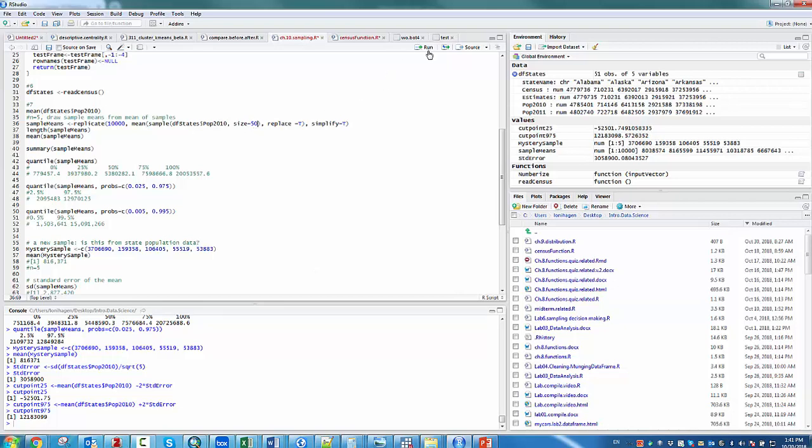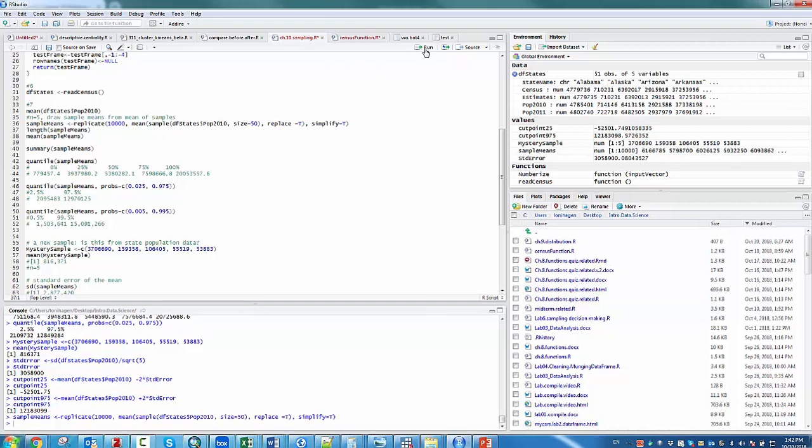So just to demonstrate the importance of having larger sample sizes, let's increase the sample size to 50 each time and then create 10,000 of them. Then we will see the standard error will go down because we increased the sample size. The error will go down, right?